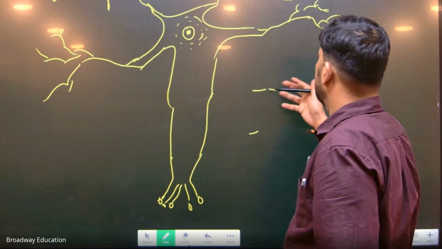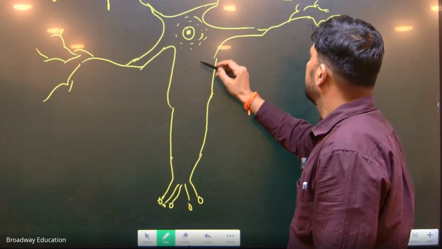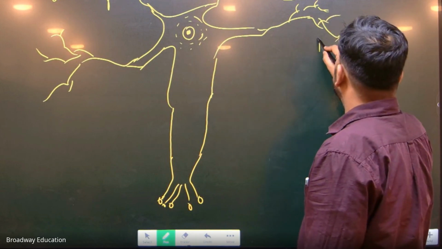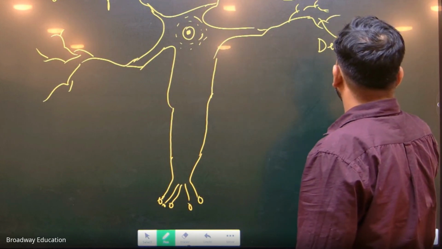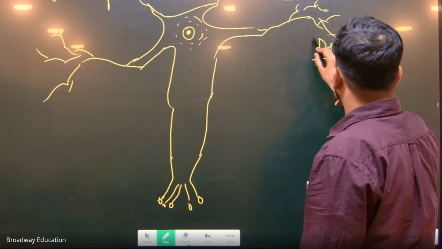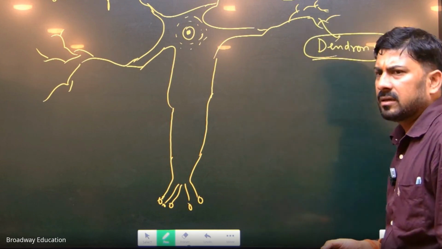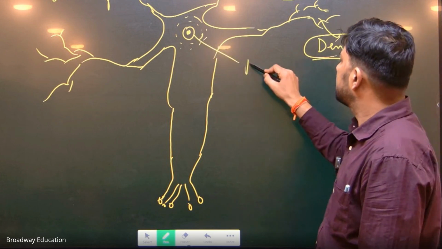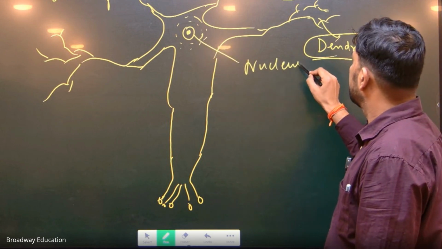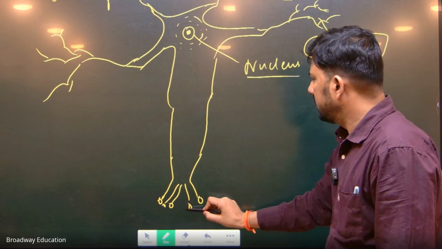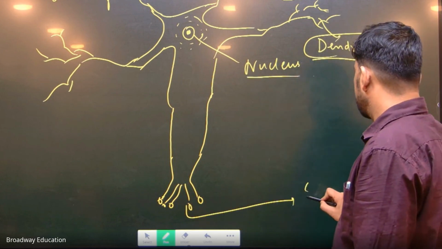This is called the dendrons. This is the nucleus. This is the synapse.